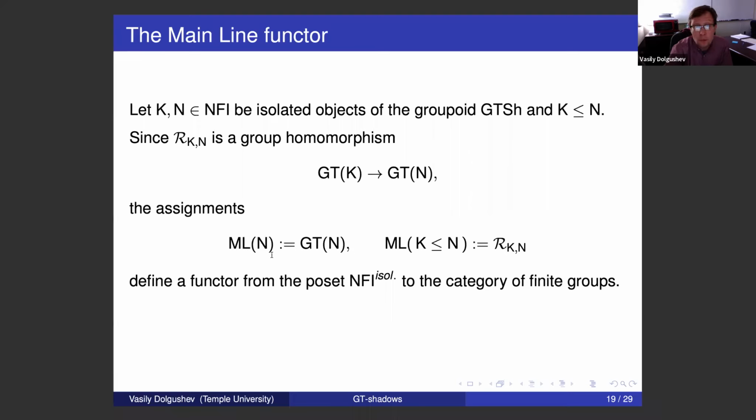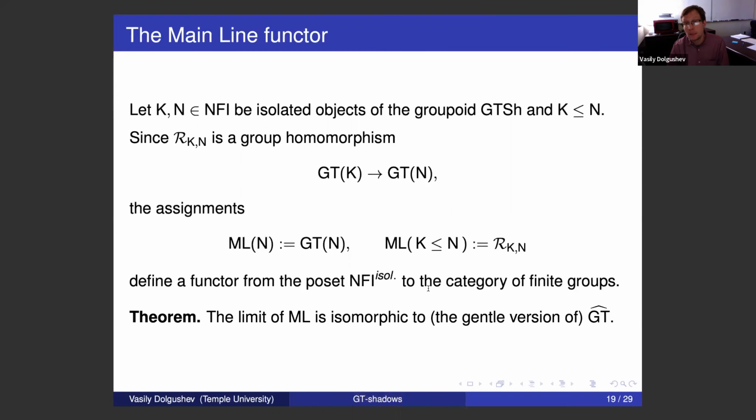On the level of objects, N goes to this group, and whenever K sits inside N, I send it to the reduction map. So I get a functor from the poset of isolated elements to the category of finite groups. And one can prove that the limit of this functor is isomorphic to GT hat, more precisely, the genuine version of GT hat. So if you want to go back from the groupoid to the group GT hat, you take the limit.